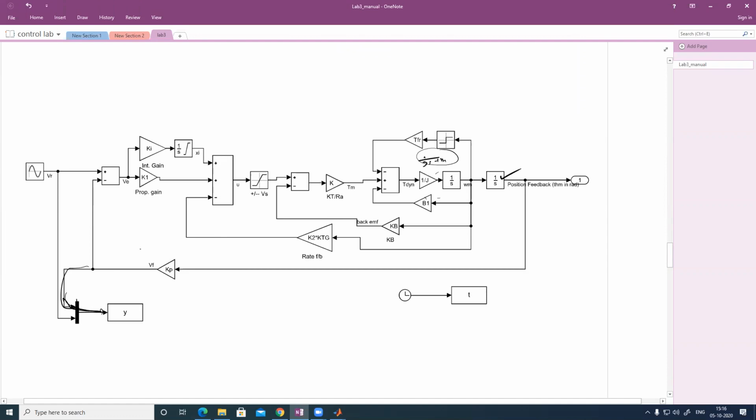So this is the MATLAB Simulink block diagram. In this block diagram, this is Vf. Vf is equal to theta m limit multiplied by Kp. This is the reference voltage VR, and this is VE. This is Xi, so here it will be Xi dot, and here it is theta.